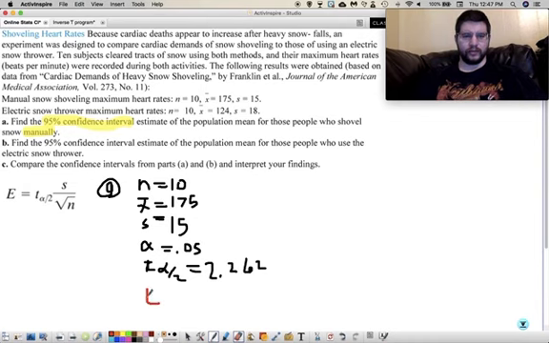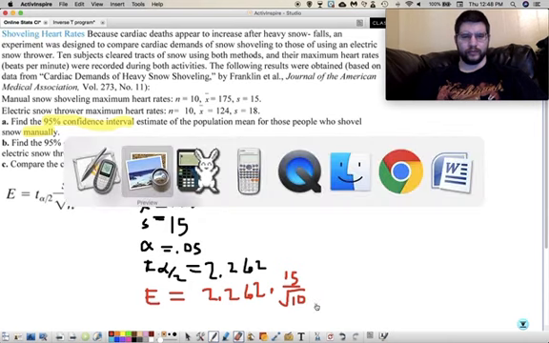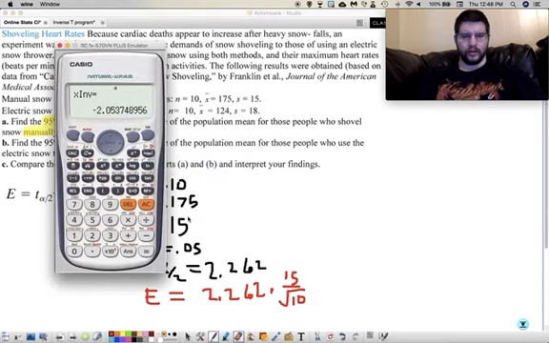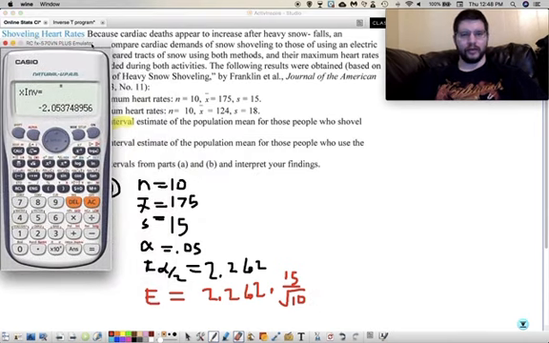So error is going to equal 2.262 times 15 over square root of 10. So again, if you're using a TI, all you need to do is just type this in.